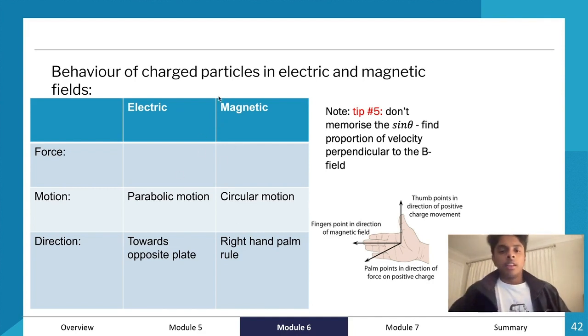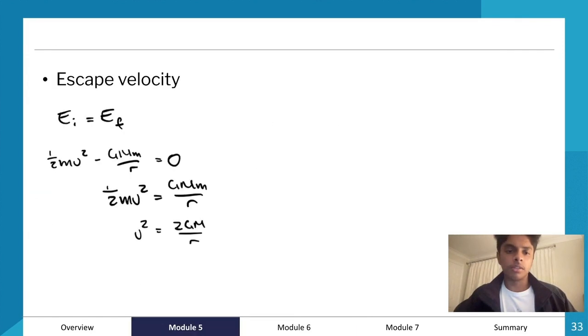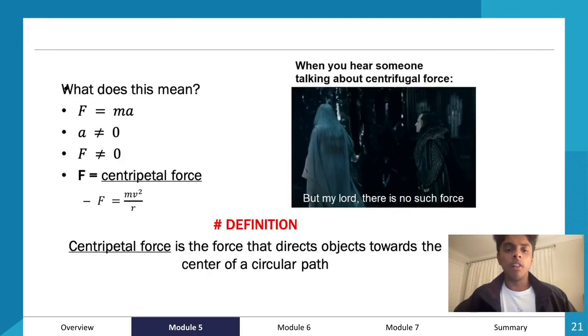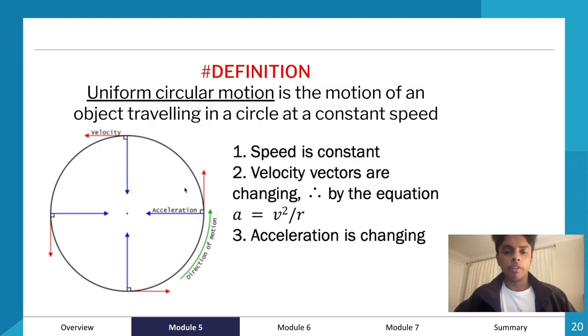So the force will always be perpendicular to velocity. Where else did we see that? If I go all the way back, the only other case where force is always perpendicular to velocity, let's assume blue is force and red is velocity, is uniform circular motion.